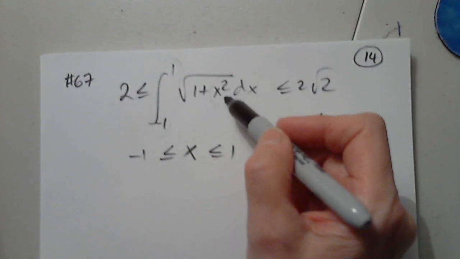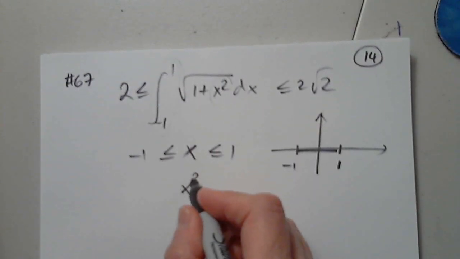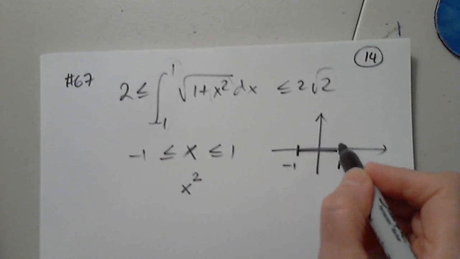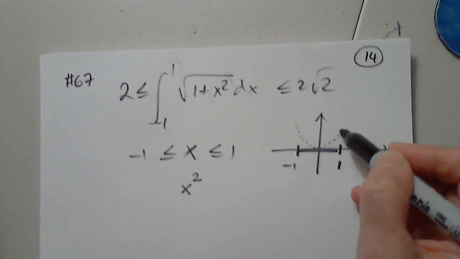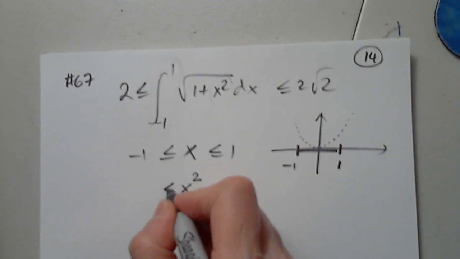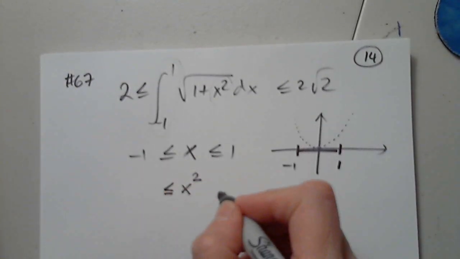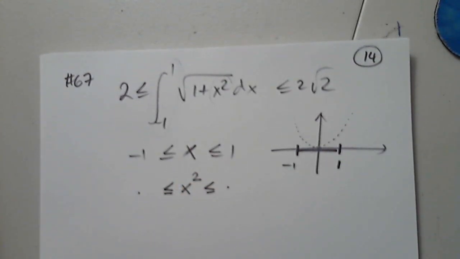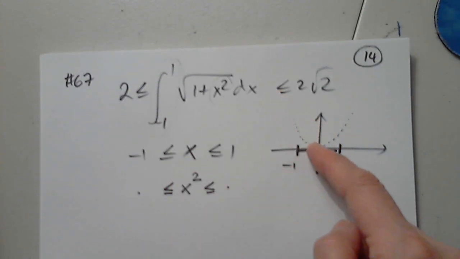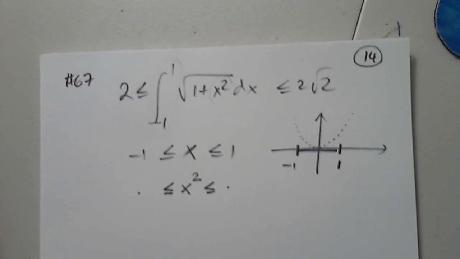But I want to talk about the function x squared. For x between -1 and 1, look at the graph of x squared. Where does x squared go from? For x between -1 and 1, x squared goes from what to what?